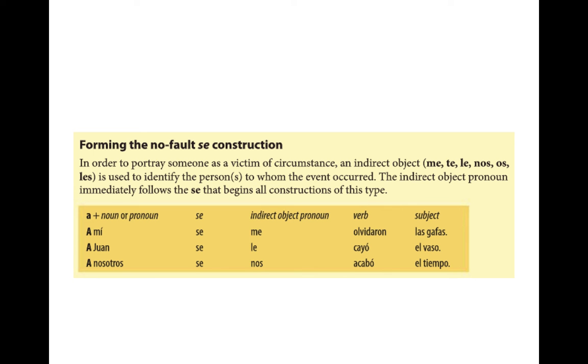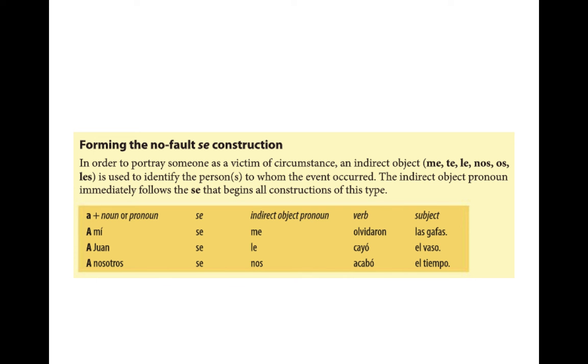Okay? A Juan, it's him, right? A Juan se le. Le is Juan. Cayó. Cayó is the past of it fell, right? To fall. The glass. El vaso. El vaso is singular. Cayó is conjugated as third person singular.